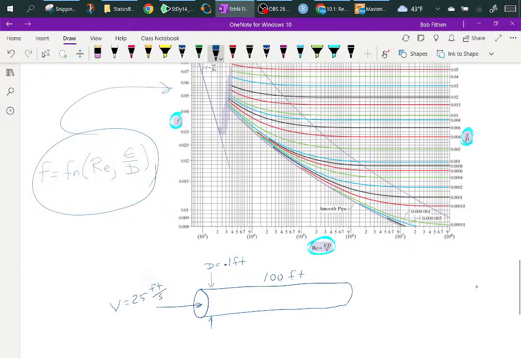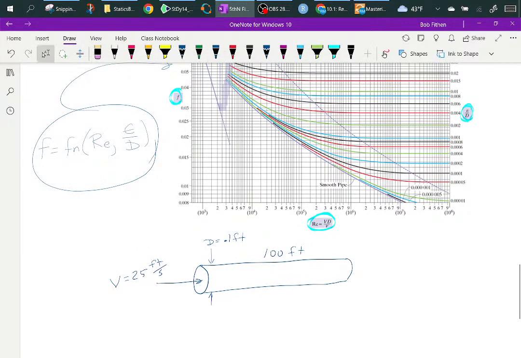And we're going to say we're sending water through it. The reason we're sending water is because I know the numbers for water. The density for water is 1.94 slugs per cubic foot. And I know the viscosity is 2.34 e to the minus 5, and let's see, pounds, seconds, per foot squared, I think.